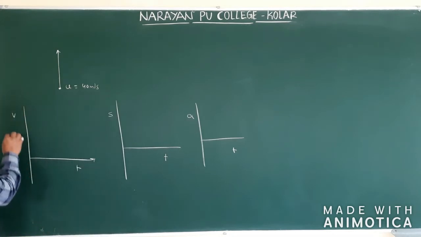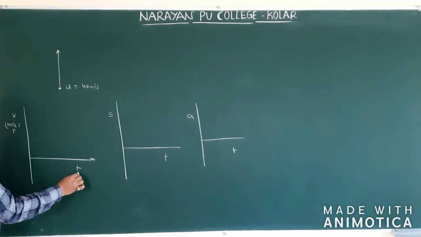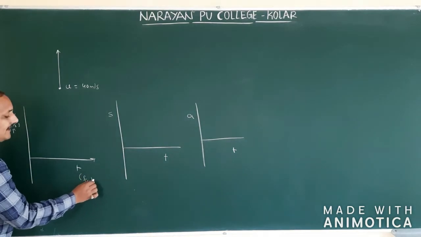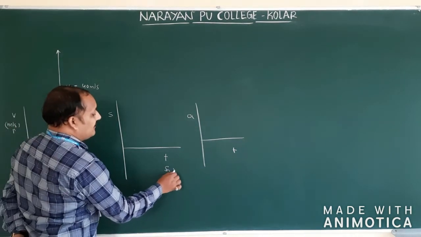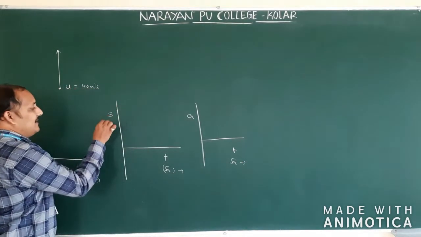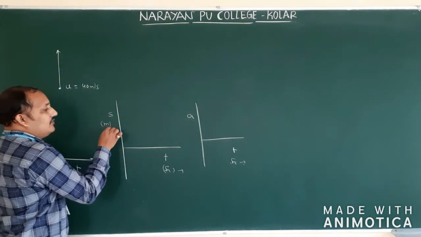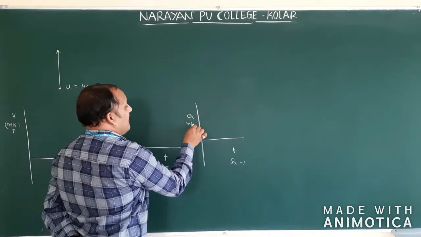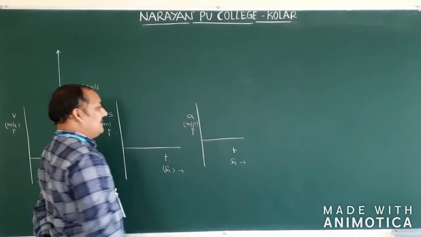So V means meter per second, T means second, S means meters. Units: acceleration, meter per second square.